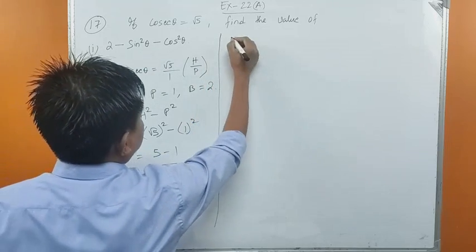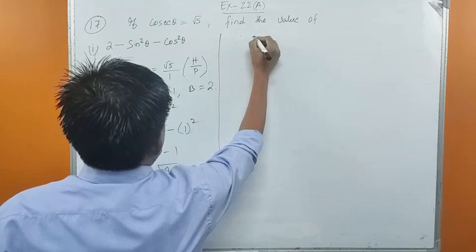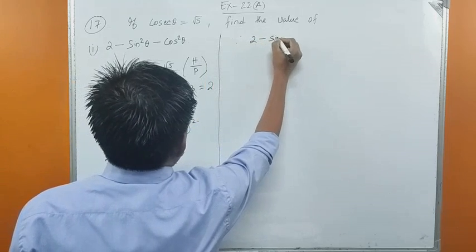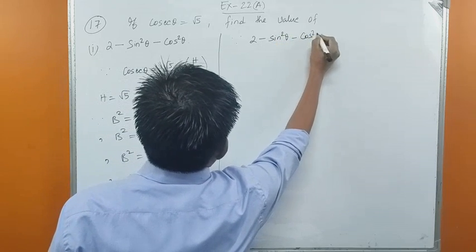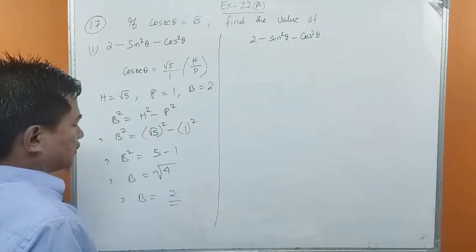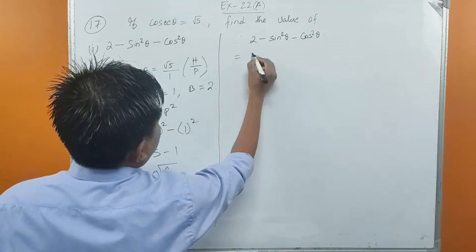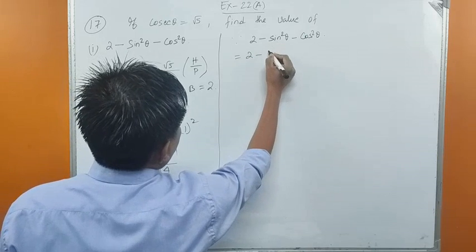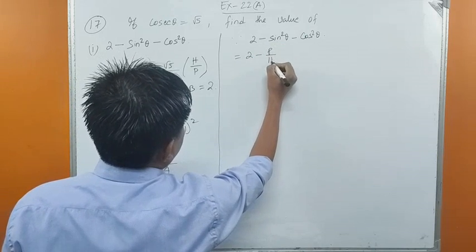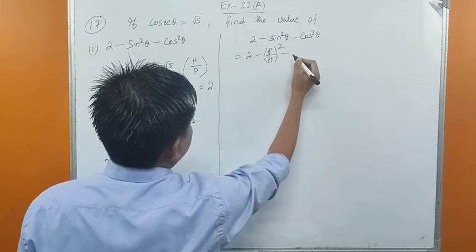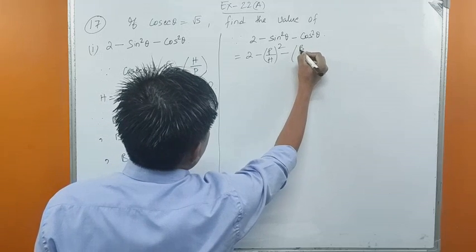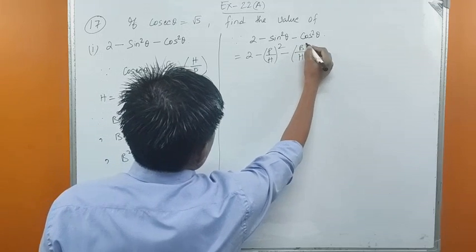We are asked to find the value of 2 minus sine square theta minus cos square theta, isn't it? So 2 minus, sine theta means perpendicular upon hypotenuse, whole squared, minus cos theta means base upon hypotenuse, whole squared.